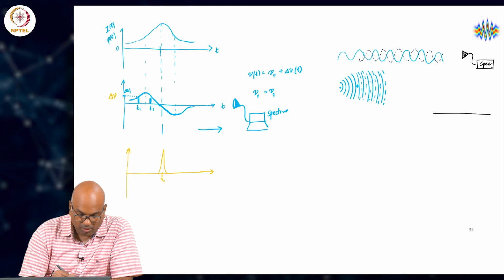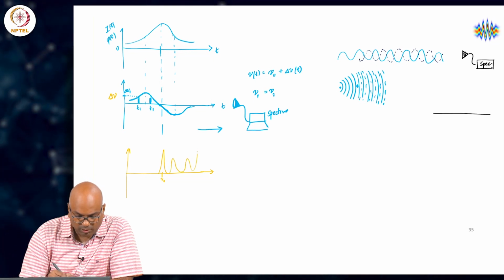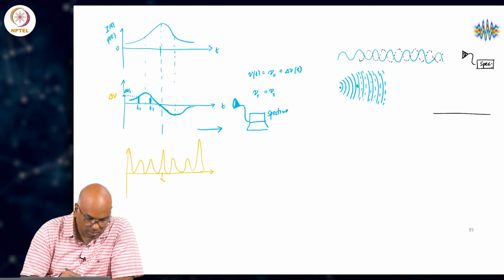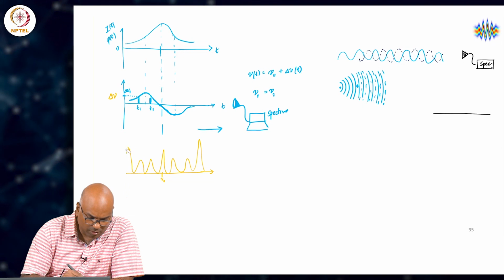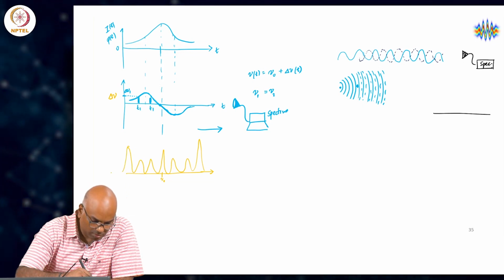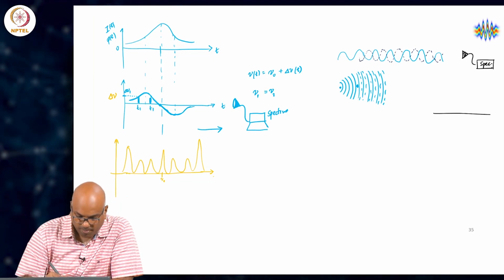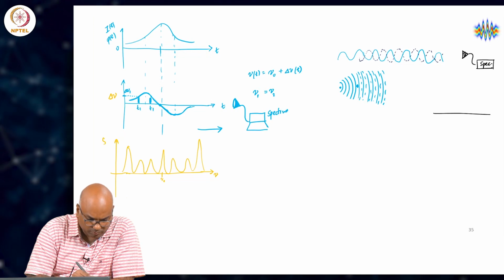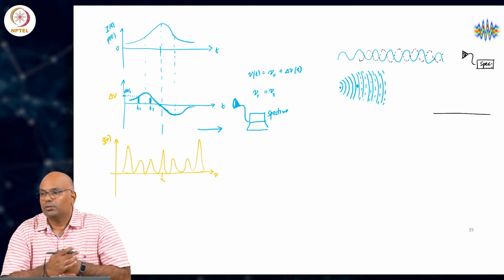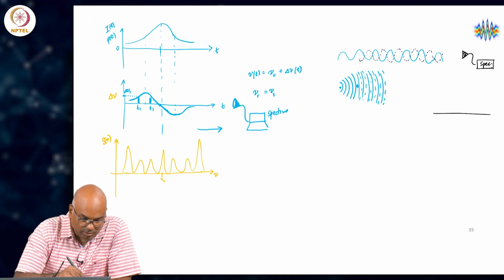Let us say all other frequencies which deviate from this, they can either go through a constructive interference or a destructive interference, depending upon the spacing between the two.